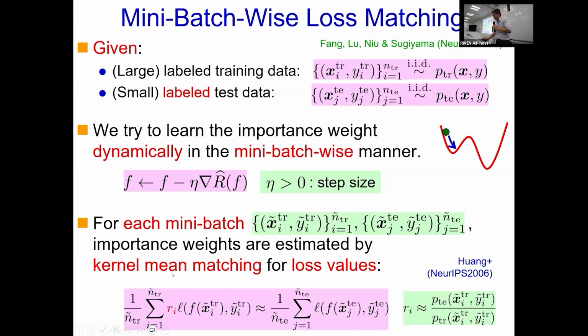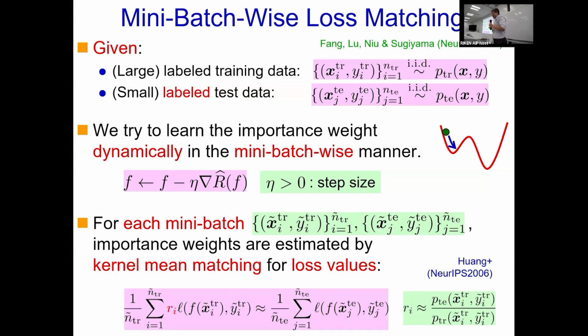But once we perform kernel mean matching for loss values, we have a loss function here, it's a scalar value, and multiplied with some importance weight Ri. So this should be an approximation of this one. The left-hand side is the training error, and the right-hand side is computed from a very small number of labeled test data. And we try to match them and obtain Ri. So this is possible by kernel mean matching based on loss values.